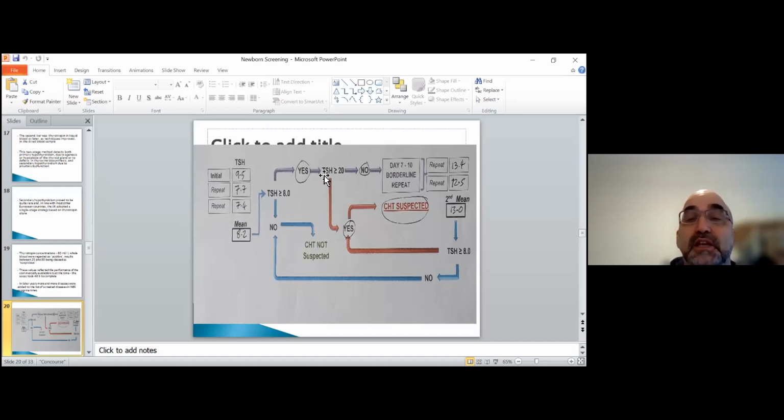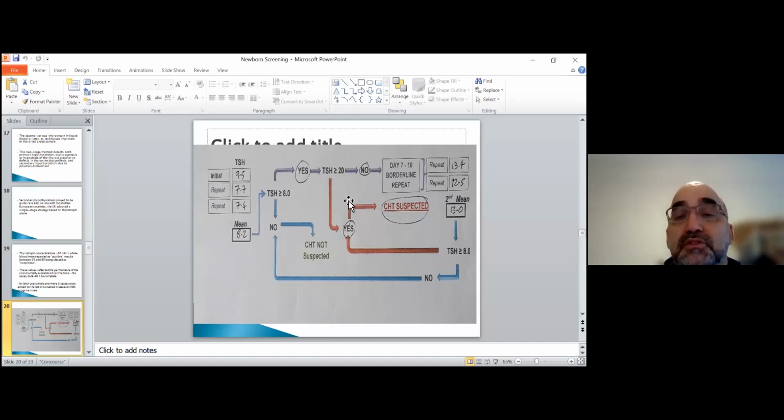So if it is repeated and the average is greater than 20, it would be straight away referred to the pediatric endocrinologist as congenital hypothyroidism.